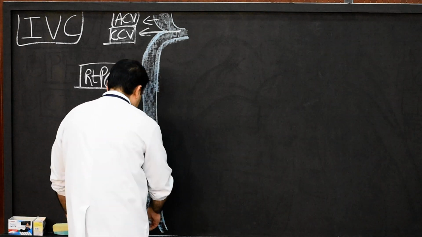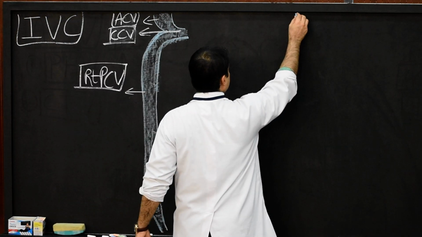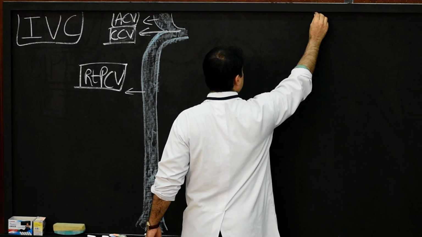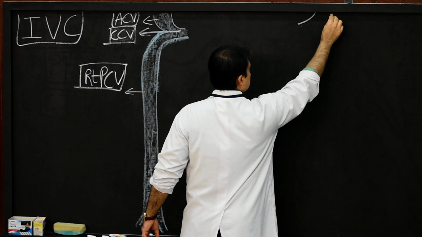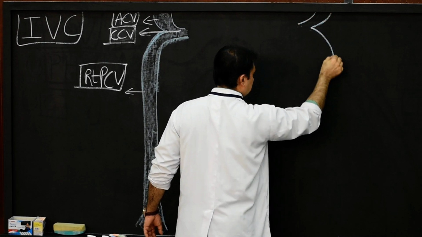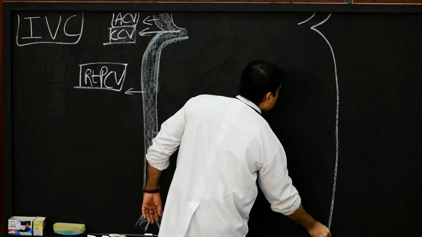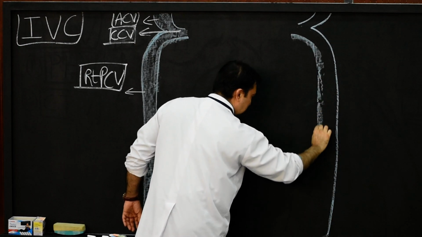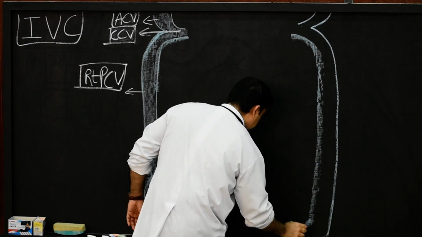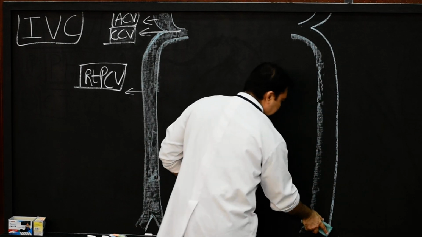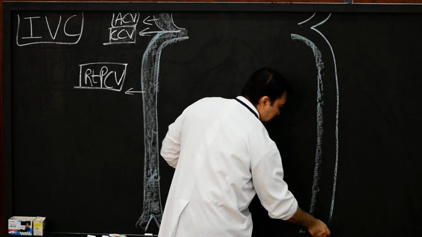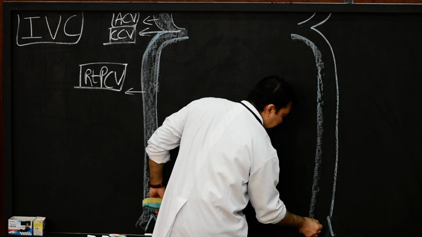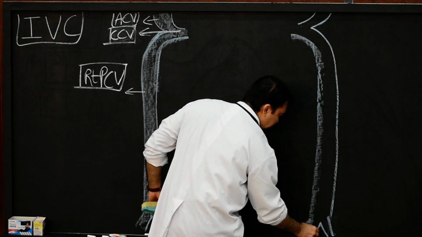Now same way, we have to draw on the left side. So this is anterior, and here we draw this. From common we draw the posterior cardinal vein, and here it will receive in the end the two iliac veins.